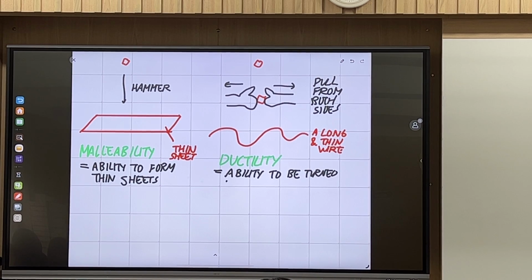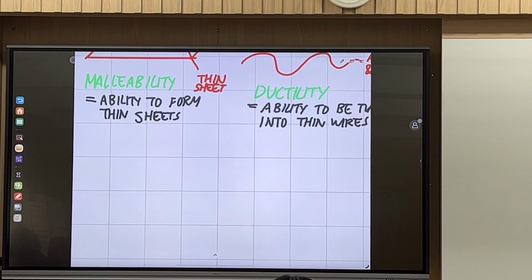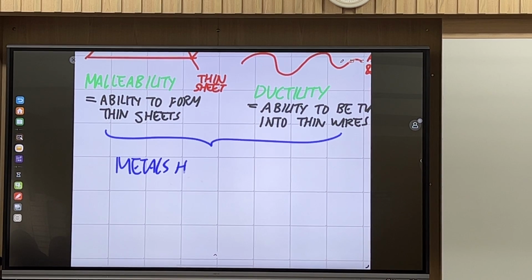So metal has both properties. So can you put down the words hard but malleable and ductile in this box, for hardness and strength of a metallic structure. So this will be on the test. So metals have both of these properties.